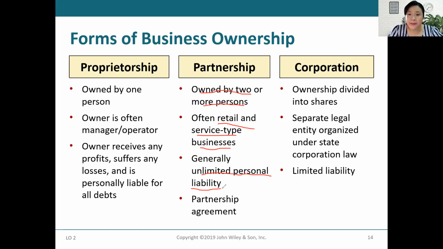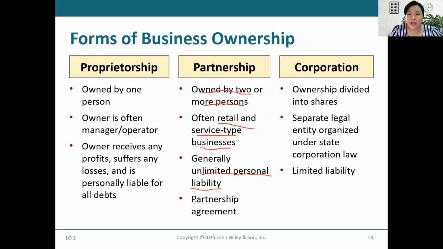It means that if the business goes bankrupt, if it cannot survive anymore, then the partners have to be responsible to pay back the debt of the business from their personal resources. It means that they have to pay for the debt of the partnership from their bank account, from selling their car, their house, to pay the creditors.